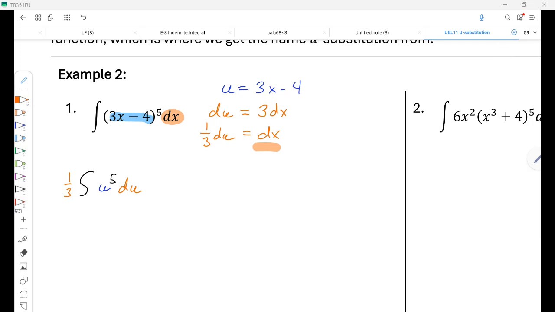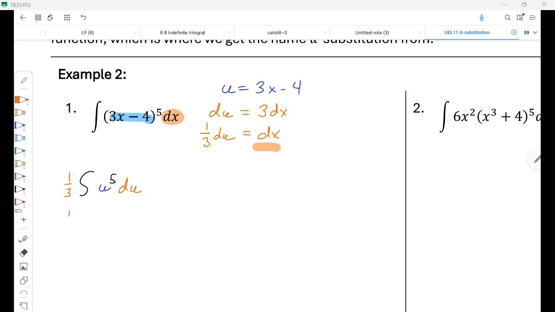The integral that I have is a u to the 5th with a coefficient in front of it, and it is algebraically equivalent to the integral that we have to solve, because I've replaced 3x minus 4 with u, and I've replaced dx with 1/3 du. Right. So now we integrate.